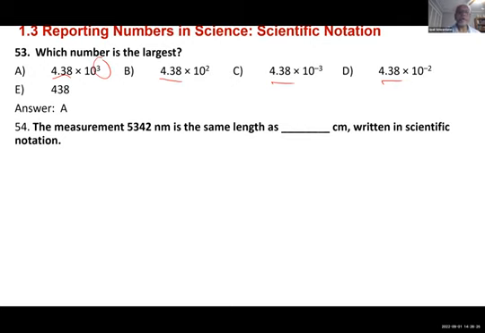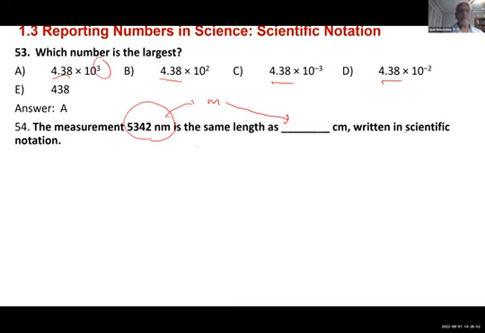Okay, if you have a measurement, this is a little bit about unit conversions. We're going to do more of them, right? So centimeters. You have to convert nanometers to meters, then meters to centimeters.